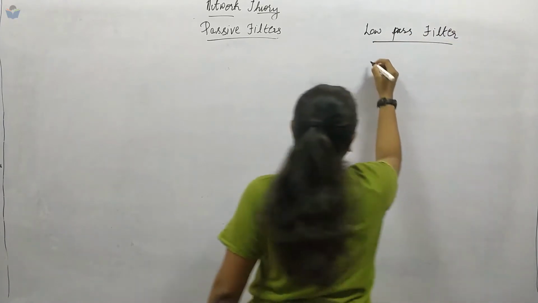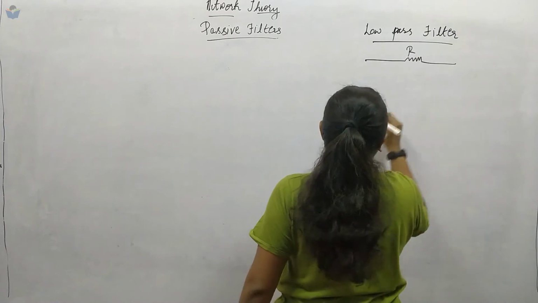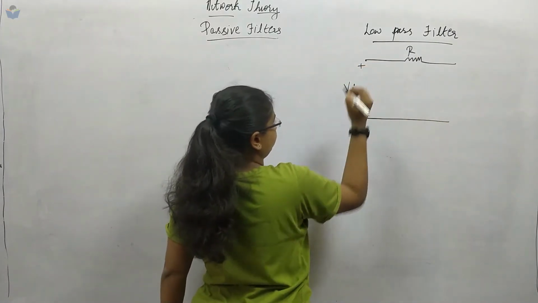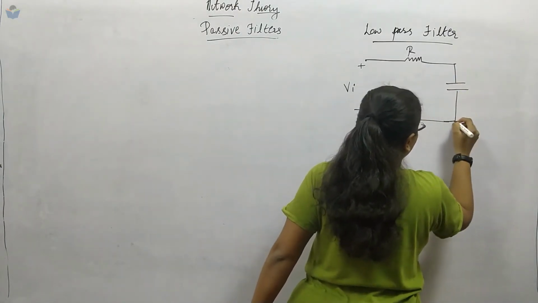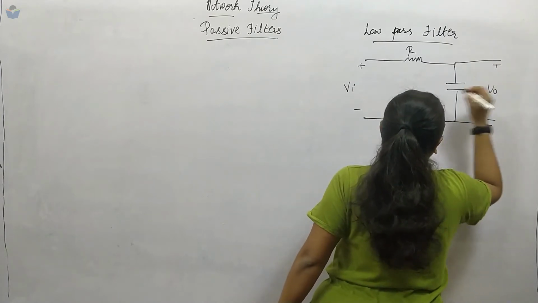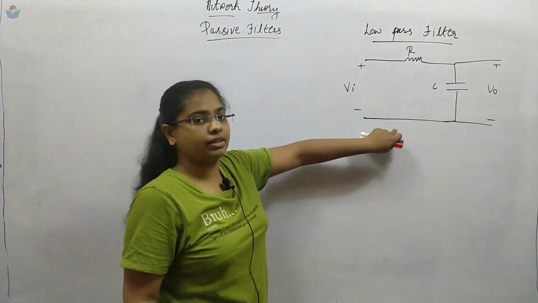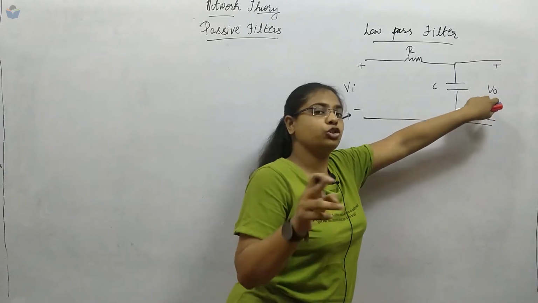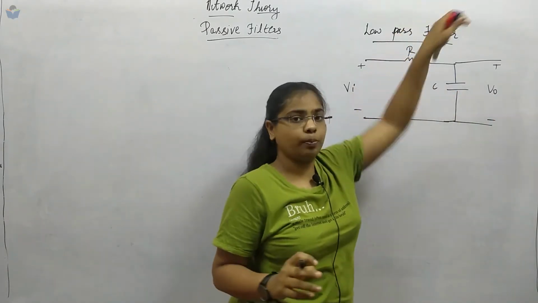If this is a resistor R, and we have the input voltage Vi and a capacitor connected, from where we are taking the output V0. This is C. For the low pass filter, we have decided that whatever output voltage we are drawing should be from the capacitor. Then only we will call it a low pass filter.